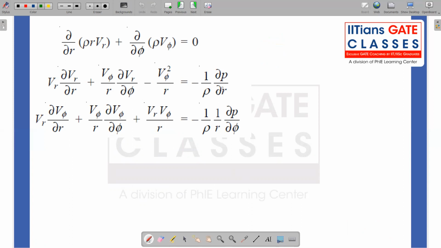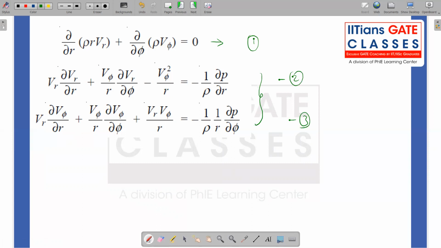One is the VR component and the other is the V phi component, and the other component we will treat as azimuthally not changing. It's a 2D problem still. So two components of velocities corresponding to two momentum equations and one continuity equation. Let me call these equation 1, equation 2 and equation 3.